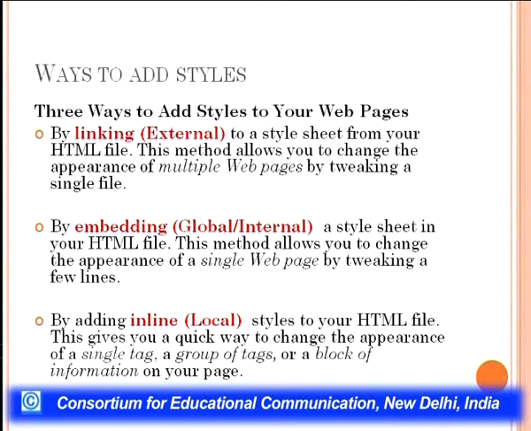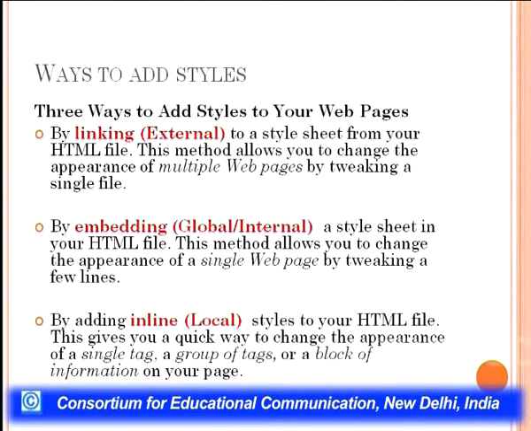Then by embedding a style sheet in your HTML file, this method allows you to change the appearance of a single web page by tweaking a few lines. And by adding inline or local styles to your HTML web file, this gives you a quick way to change the appearance of a single tag, a group of tags, or a block of information on your page.